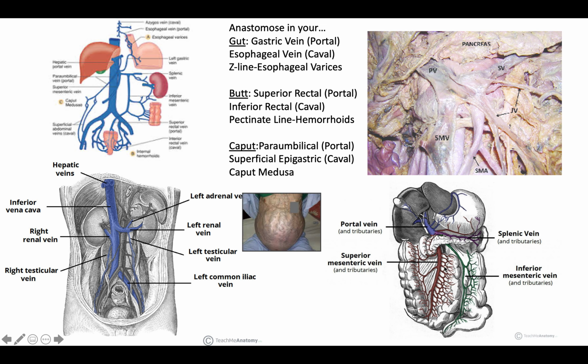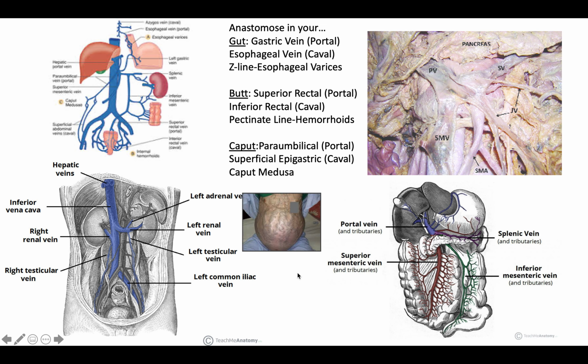Okay? And your superior mesenteric vein is going straight up here. So they almost come together. The splenic vein and the superior mesenteric vein come together to form the portal vein. Okay? So those are your 2 main branches. The big thing to know is that the inferior mesenteric vein comes up to the splenic, and then they converge here at the portal vein.